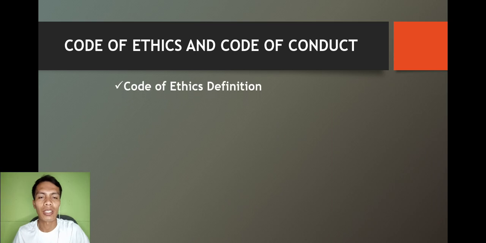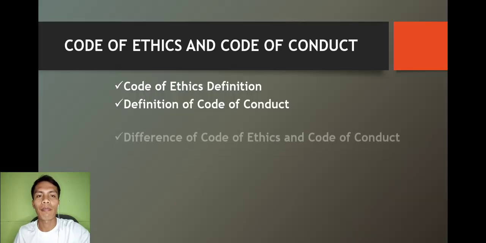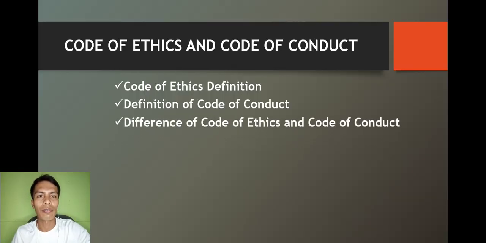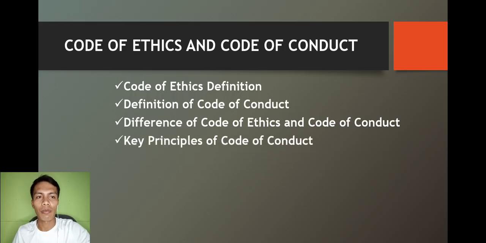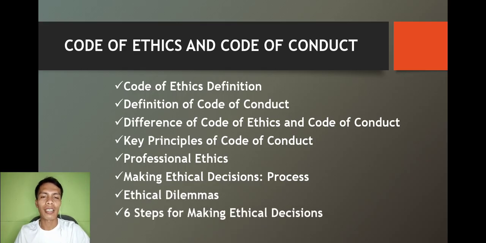First is the definition of the code of ethics, and also the definition of the code of conduct, the difference between code of ethics and code of conduct, the key principles of code of conduct, the professional ethics, the ethical decision making process, the ethical dilemmas, and the 6 steps for making ethical decisions. These are the subtopics that we are going to learn and discuss in this video.